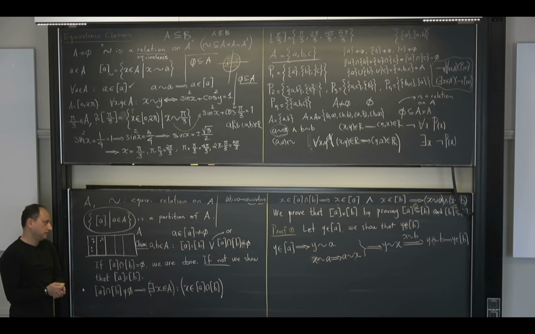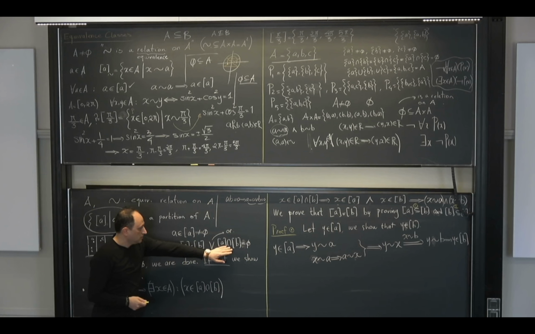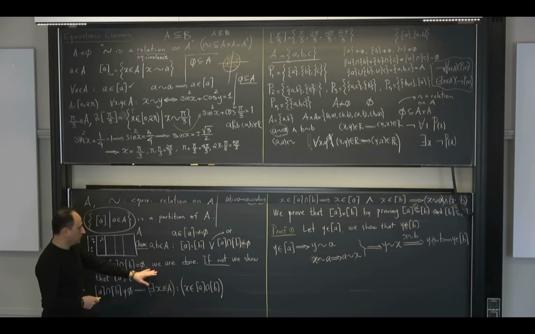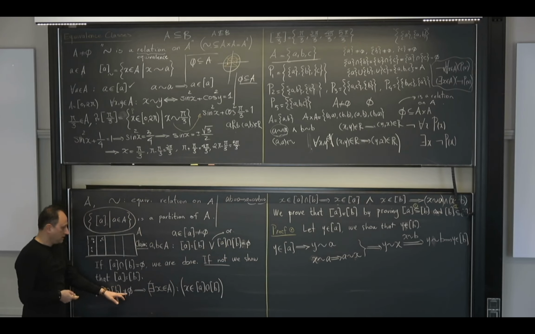Okay, so if you believe in this, then the fight is over. We are done. If you disagree with this one, I show you that you have to agree with the other one. There is no escaping from this. So if this is not the case, it means there is something in this intersection.